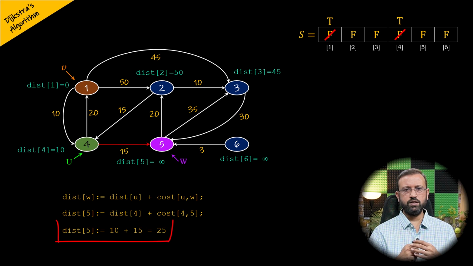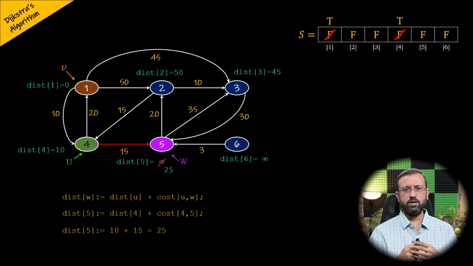So, the distance of vertex 5 will be 10 plus 15, which is 25. Now, the new distance of vertex 5 is 25, which is smaller than the previous distance of vertex 5, which is infinity. So, we update the distance of vertex 5 to 25, and this is how node relaxation is done for vertex 5.